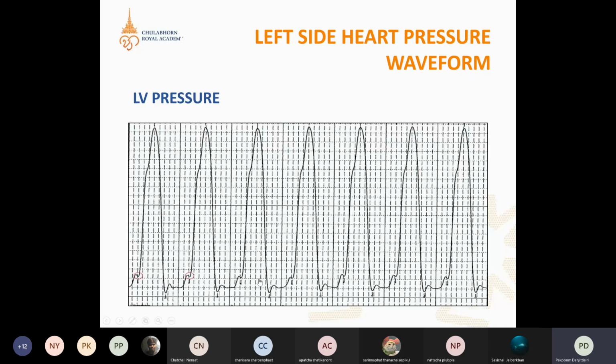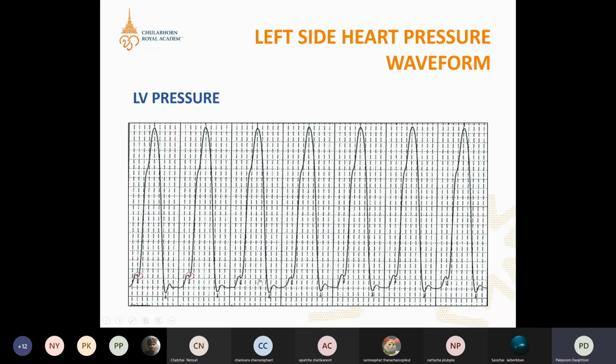The pressure in the left ventricle will try to reduce itself inside the ventricle in order to receive the blood from the lower pressure in the aorta, and the lower pressure in the atriums.